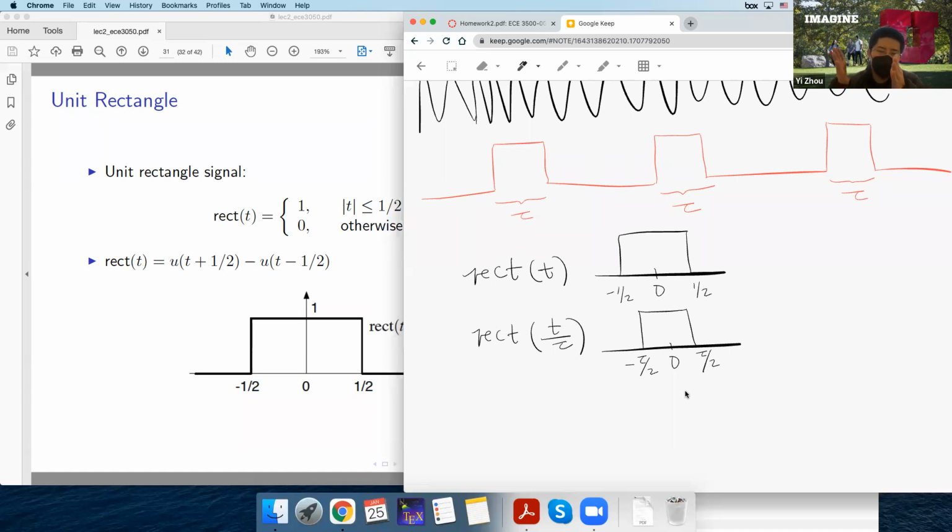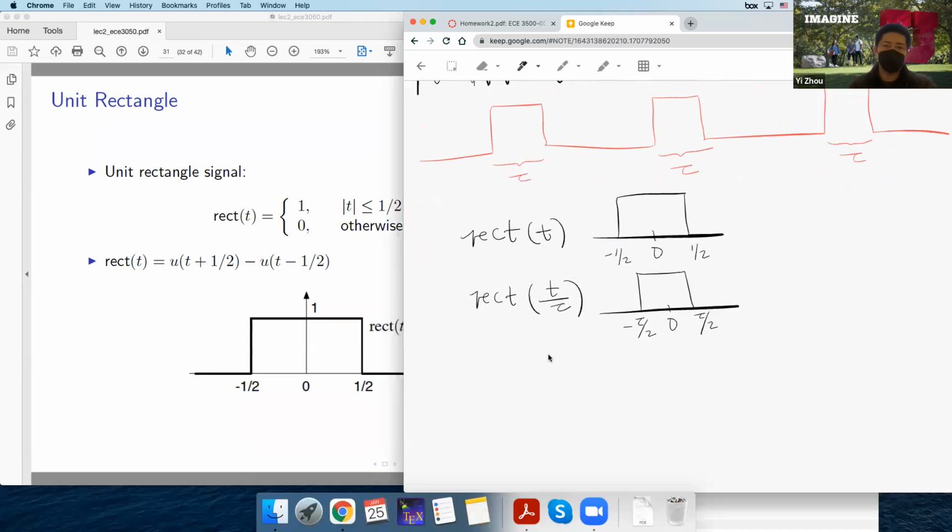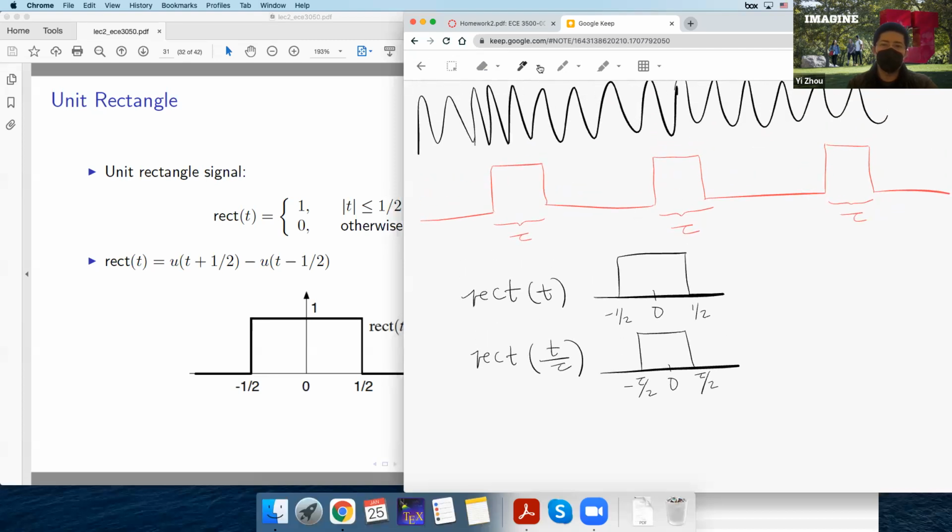And then I need to place this rectangle window into different locations. Let's say here is 0.